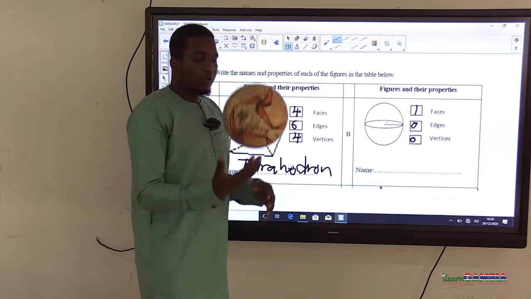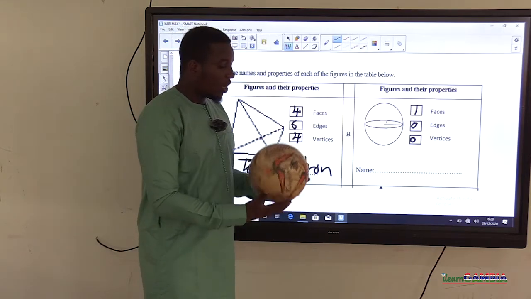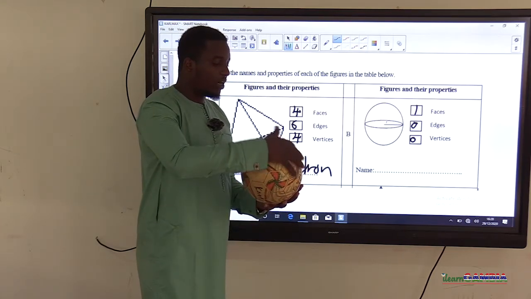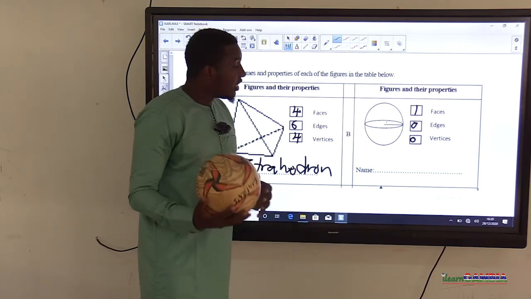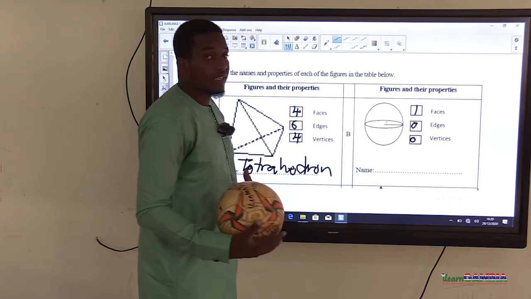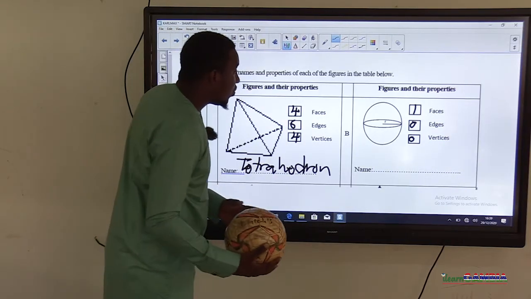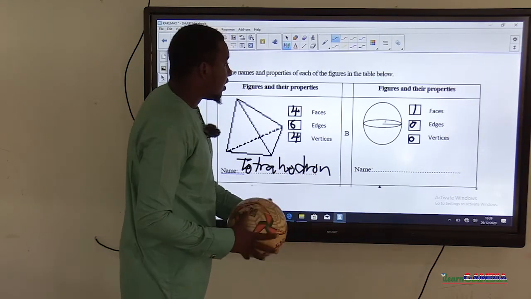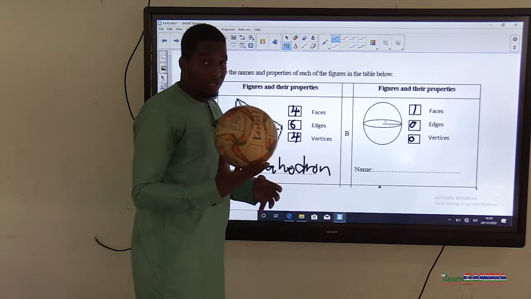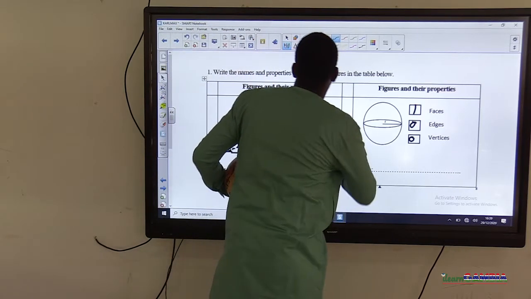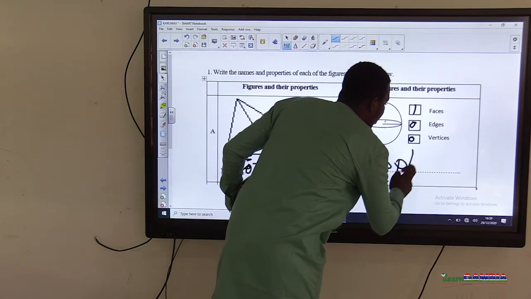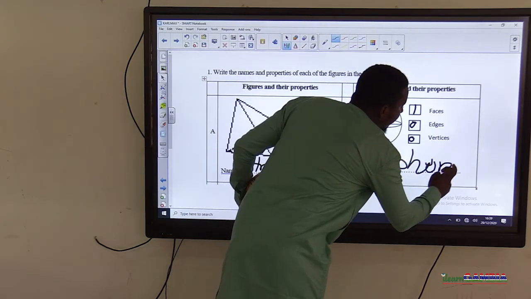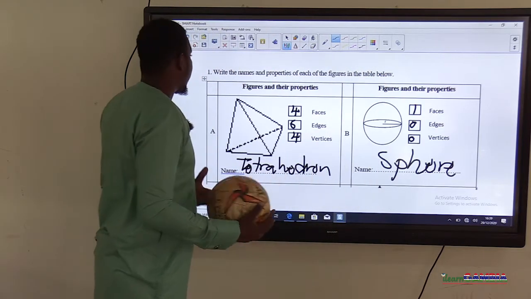It has one round curved surface. It doesn't have any edge and it doesn't have any vertex. Therefore, we can conclude that the name of this 3-dimensional solid shape is a sphere, S-P-H-E-R-E.